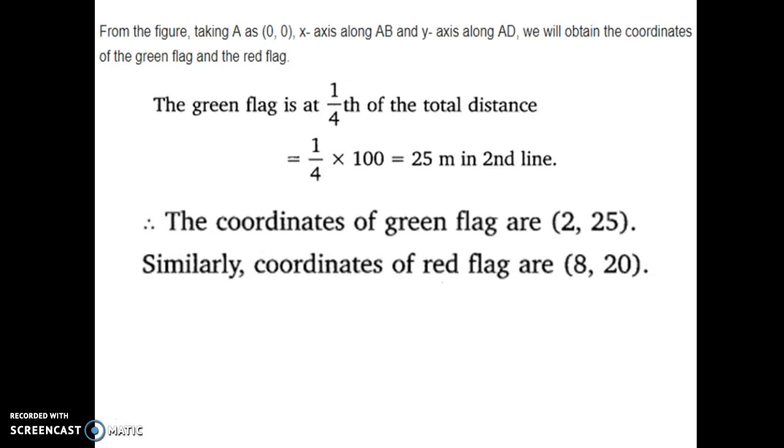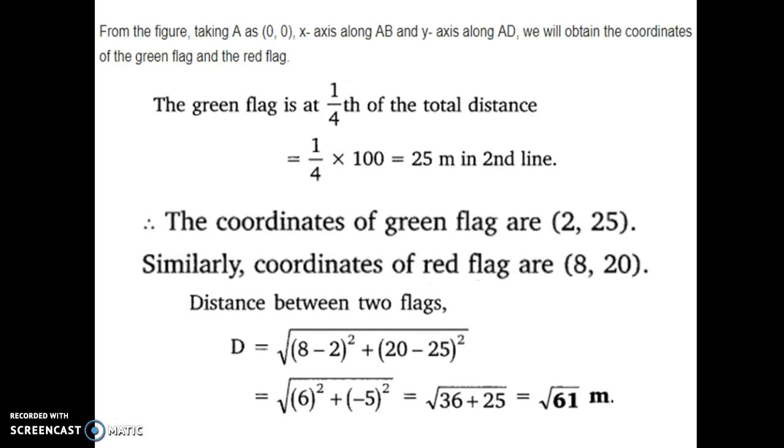Now we have to find out the distance between these two, and one more girl will post a flag in the midpoint of that line. Midpoint means in the ratio of 1:1. She is going to divide the line into 2 equal halves, so the ratio will be 1:1.